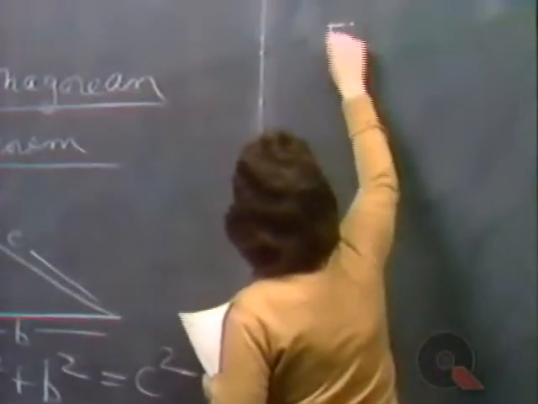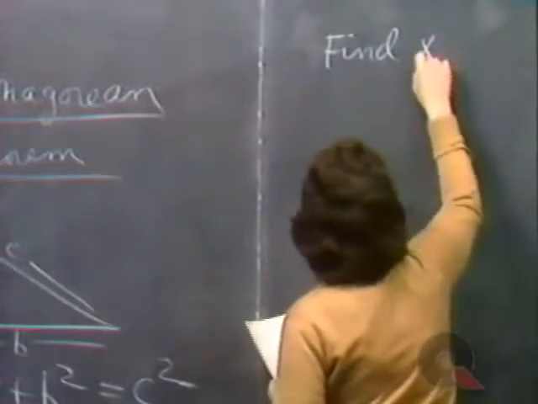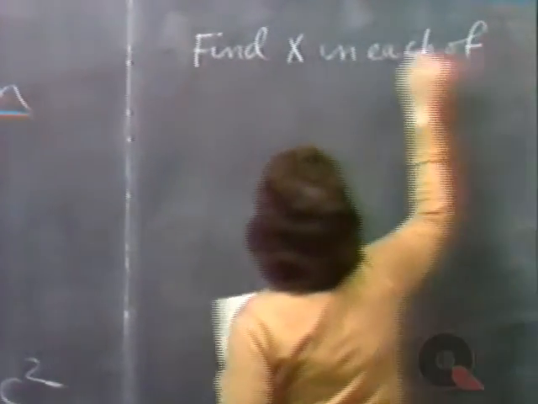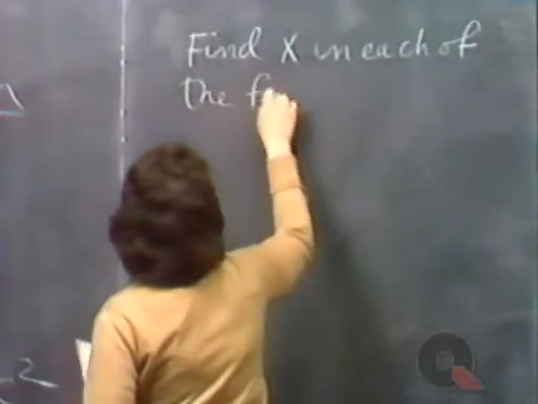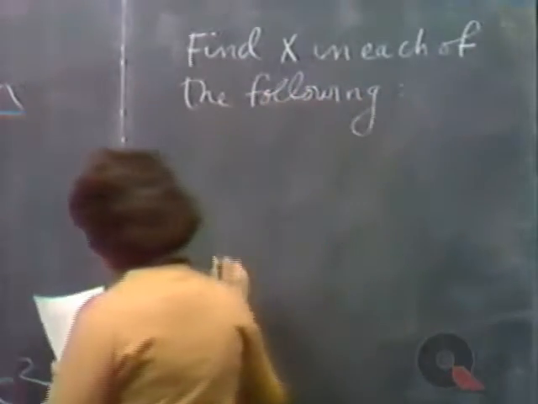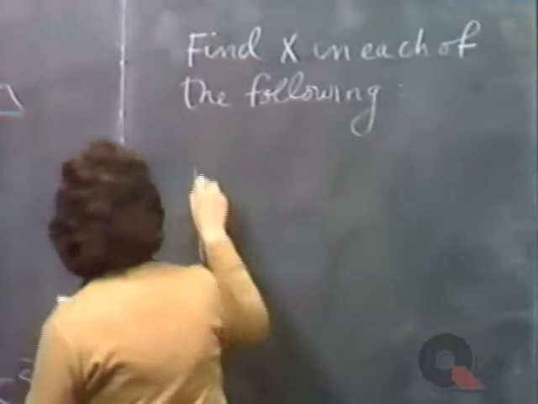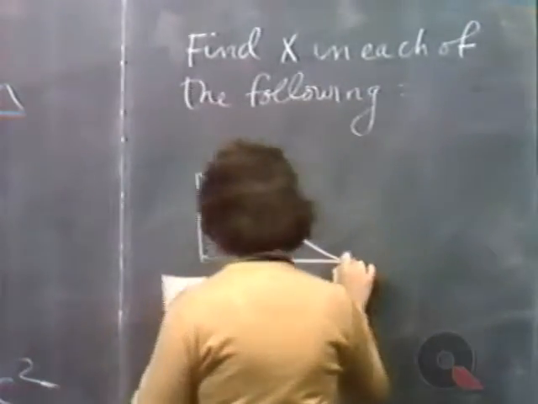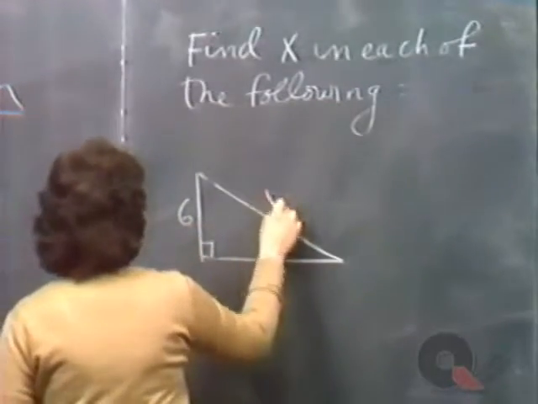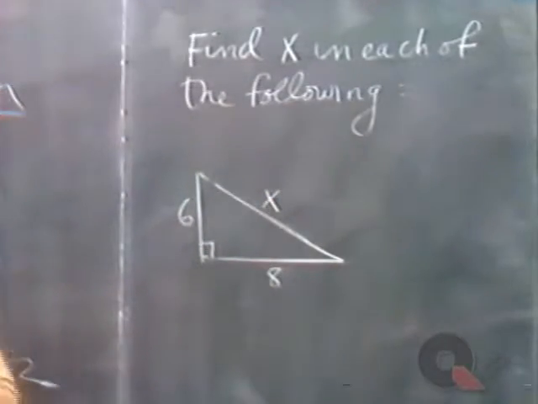In these examples I want you to find x in each of the following. First example, here's a triangle, 6, 8, it's a right triangle, and I want you to find the length of the hypotenuse, which is denoted by x.